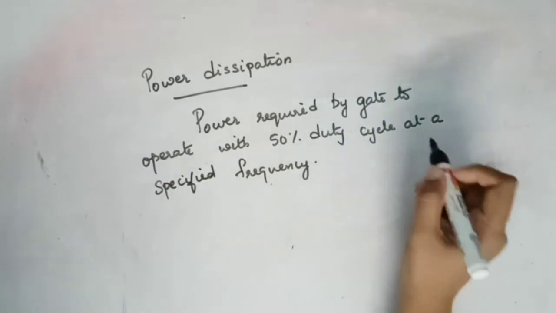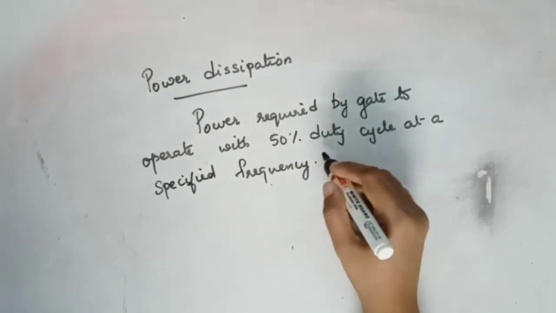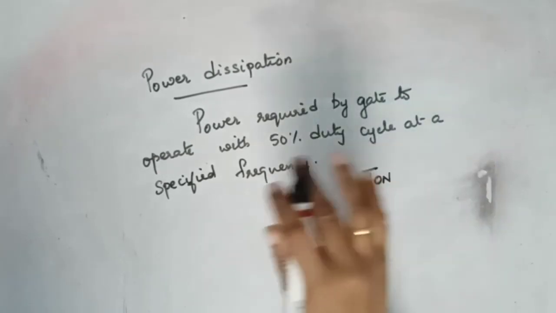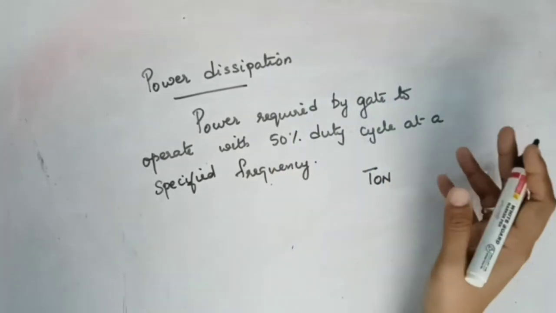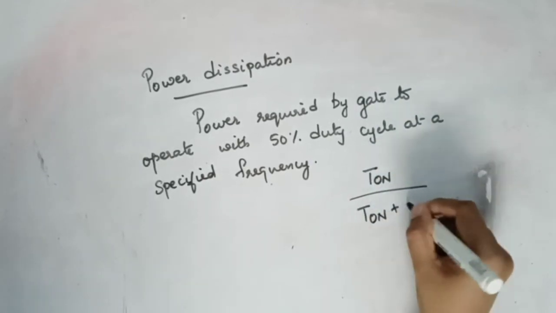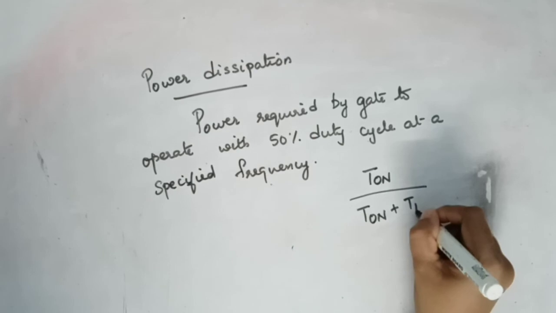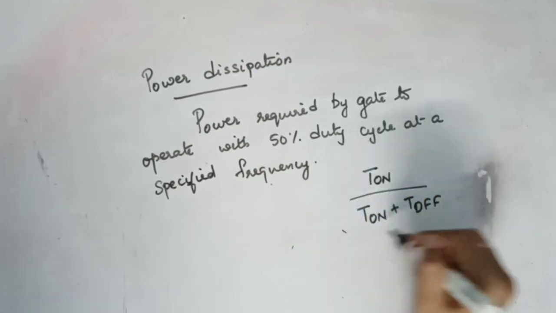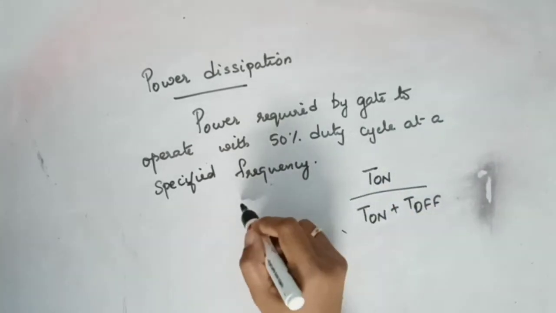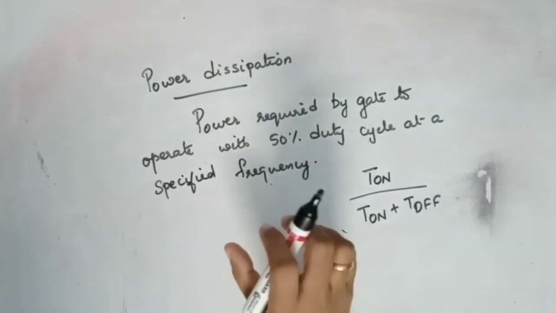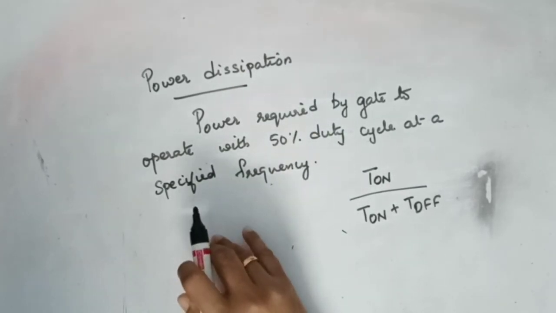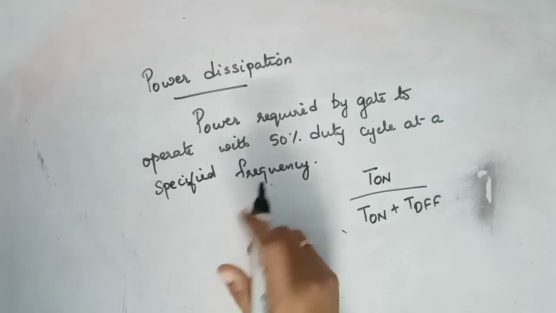And duty cycle means what? On time, or the time it's high, divided by high plus low. This is the actual duty cycle, but in the case of digital we can say that it is the time it is remaining high divided by the time it's high plus the time it is low.